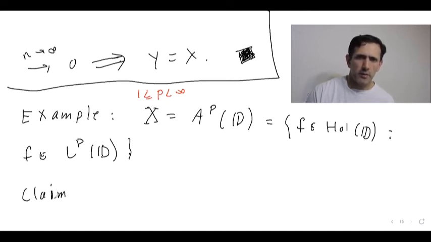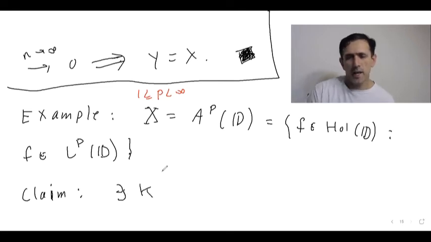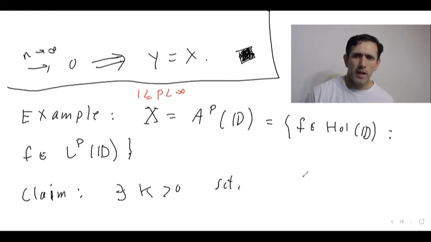So I'm going to make the following claim. Now I'm going to use K because K came from the two norm theorem. There exists K bigger than 0 such that the following is true.